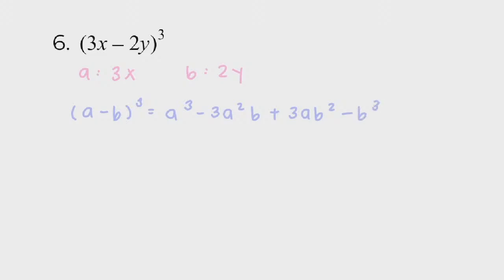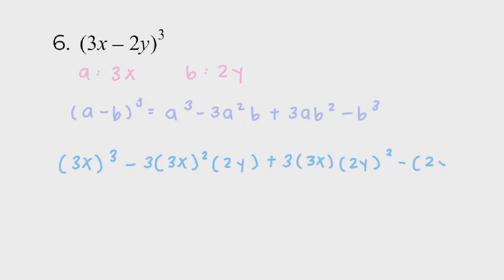And I'm going to plug in a and b into this equation. So we get 3x cubed minus 3 times 3x squared times 2y plus 3 times 3x times 2y squared minus 2y cubed.